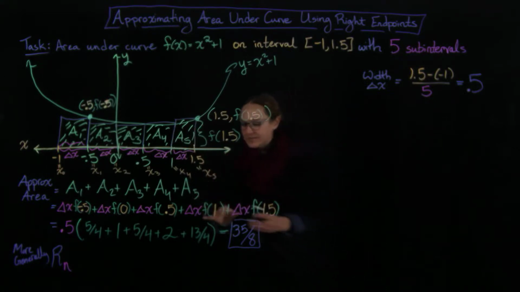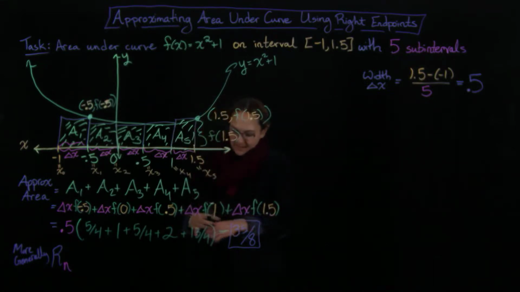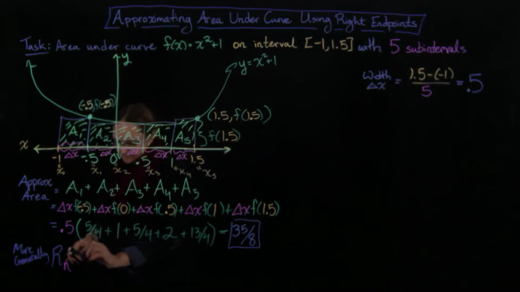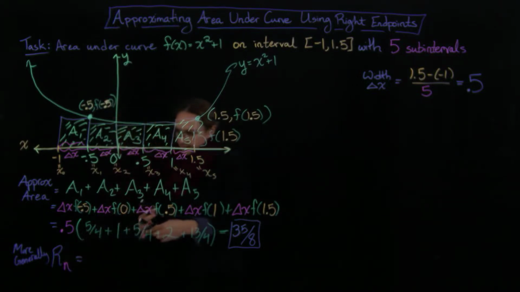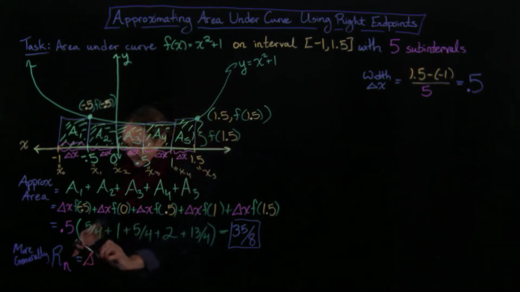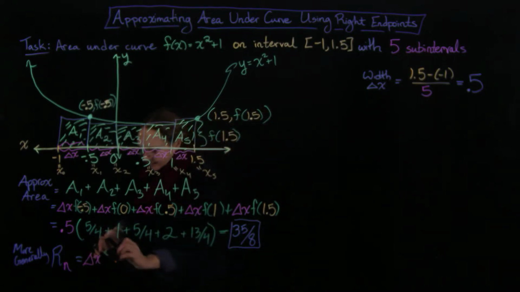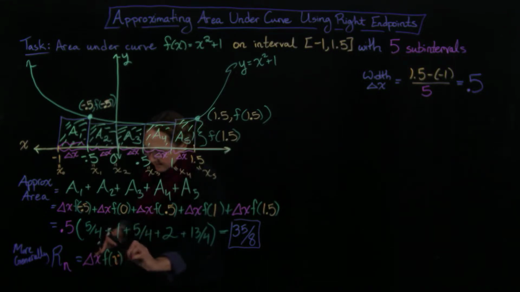Okay, so the formula is going to actually look a little bit different this time. So this is actually going to equal, right, where in each circumstance, we take our delta x and we multiply it by our f of, and this time we actually start with x1, right?